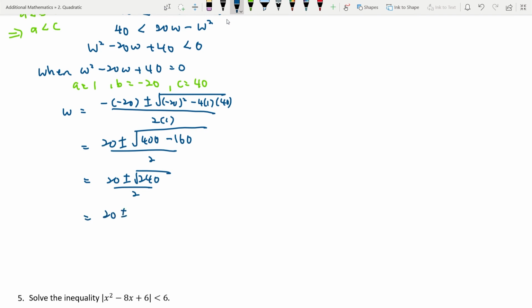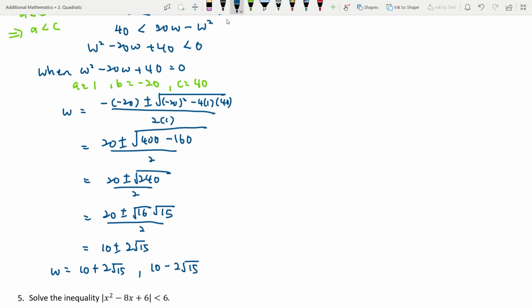Square root of 240 can be written as square root 16 multiplied with square root 15. We further simplify it, we will get 10 plus minus 2 square root 15. Therefore, the roots for W is 10 plus 2 square root 15 and also 10 minus 2 square root 15.